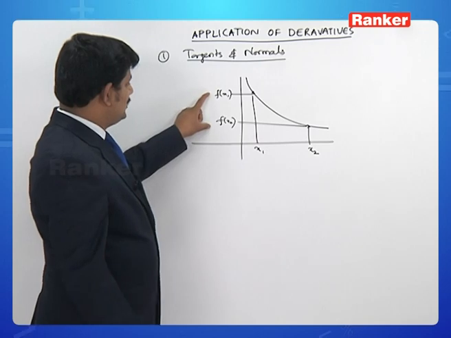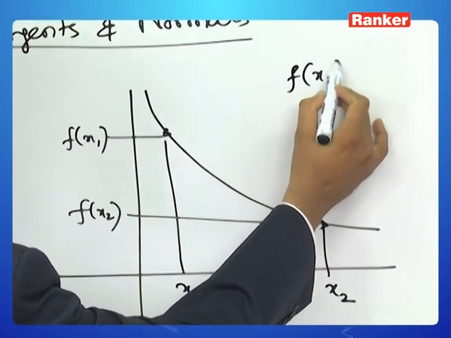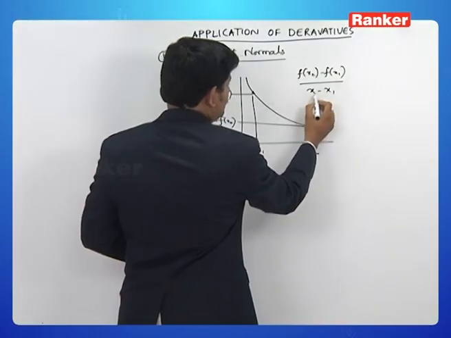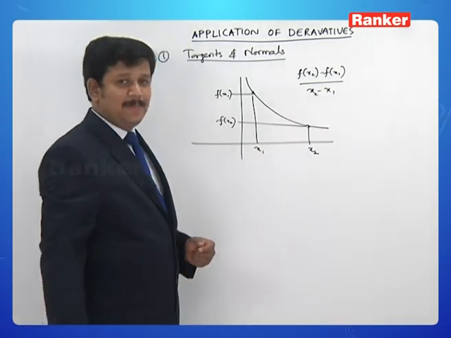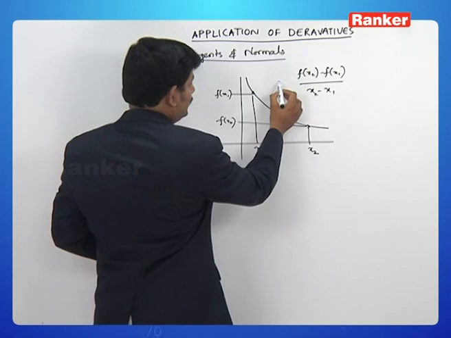And if you look at the change in y coordinate, that is the ordinate, it is f of x2 minus f of x1 divided by x2 minus x1, where x2 minus x1 is change in the abscissa and f of x2 minus f of x1 is the change in the ordinate.